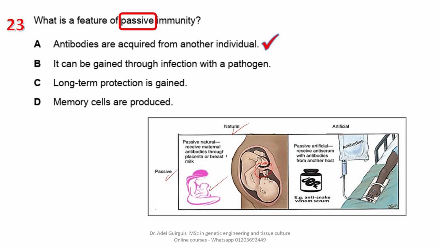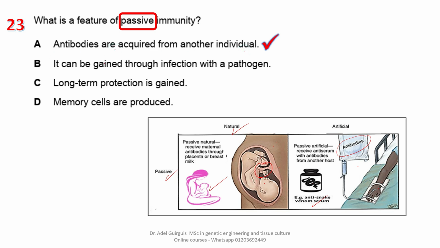What about artificial? If a person is given ready-made antibodies directly in his bloodstream after exposure to snake, scorpion, spider toxin or venom, to protect him from death from poisoning, this is called artificial passive immunity. So antibodies are acquired from another individual.